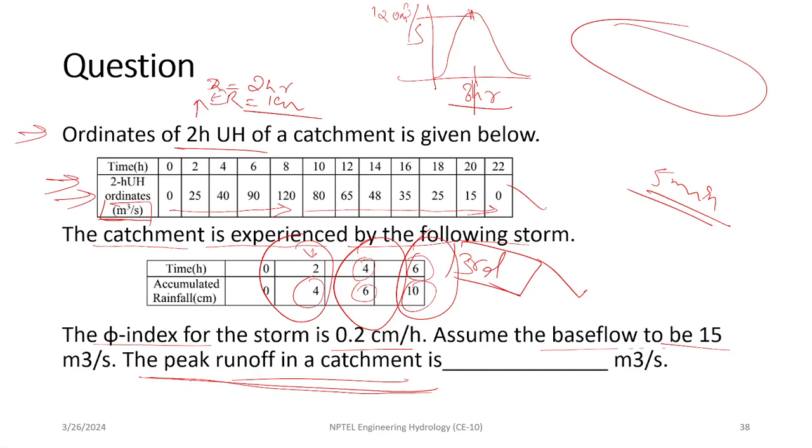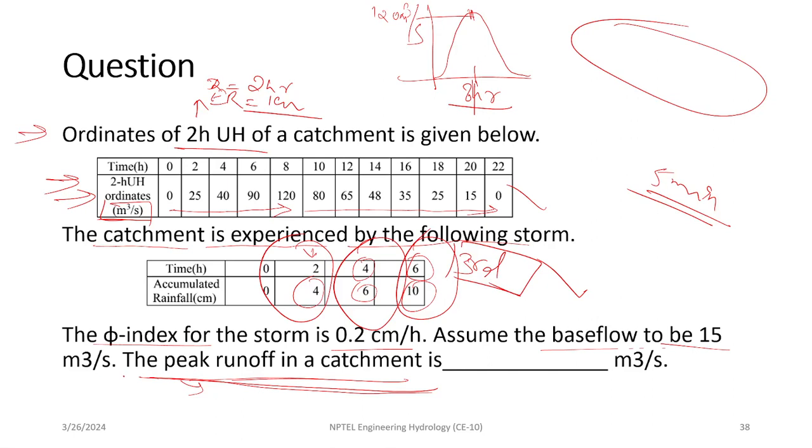Then they are asking what the peak runoff will be. It will be a storm hydrograph: whatever direct runoff value we get, we add to the base flow, and the total will be called the total storm runoff hydrograph. Got it?